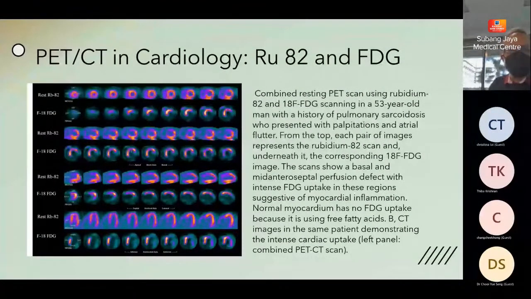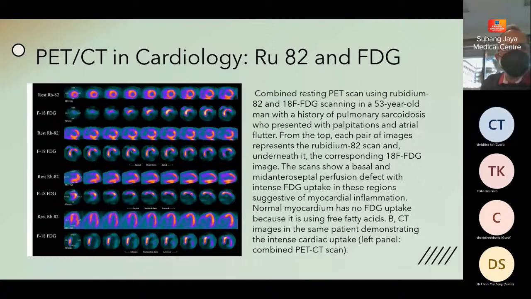Okay, I'm not going to talk much about the use of PET-CT in cardiology. Normal myocardial perfusion studies use gamma scans, but PET perfusion studies are actually superior to our old gamma scans. However, it is expensive.